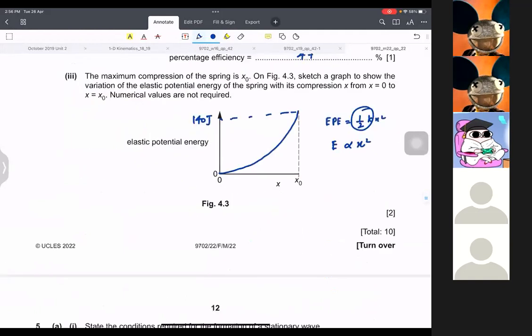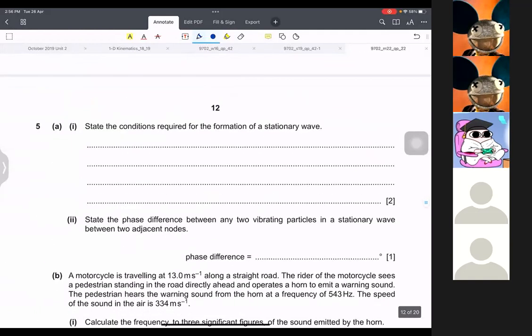Now going to the next one, state the condition required for stationary wave. Now stationary wave, well, two waves when they meet, right? Number one, same speed. Number two, opposite direction.